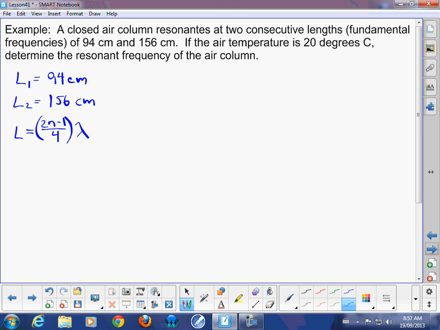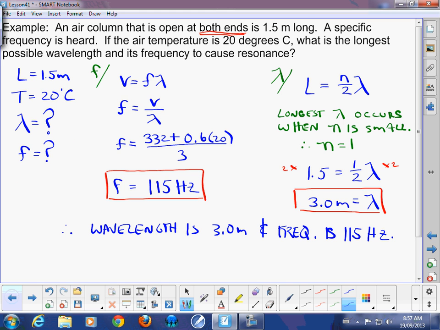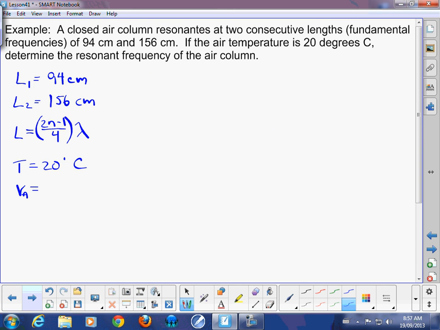Air temperature is 20 degrees again, so we can look back to the previous example, because that will tell me the velocity of air. I didn't actually calculate it out, but it's going to be 332 plus 0.6 times 20 meters per second.